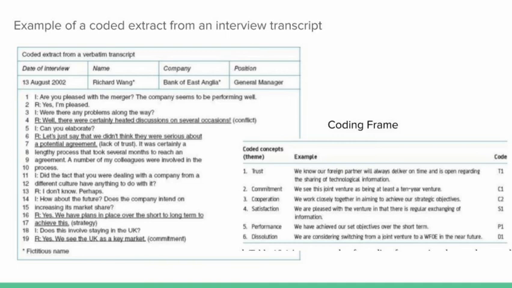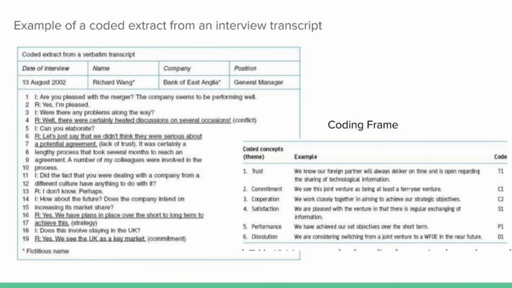Another thing is the coding. In this example, this is the coding frame when you assign codes. From the first example, you look at what the interviewee said and get the theme.